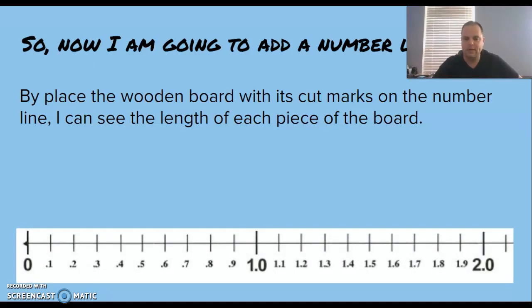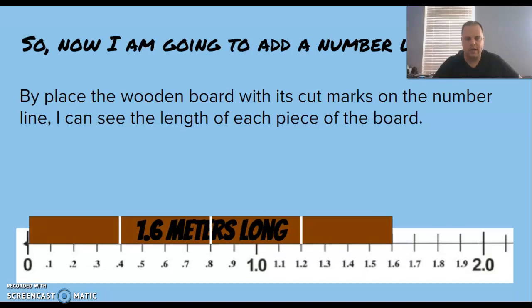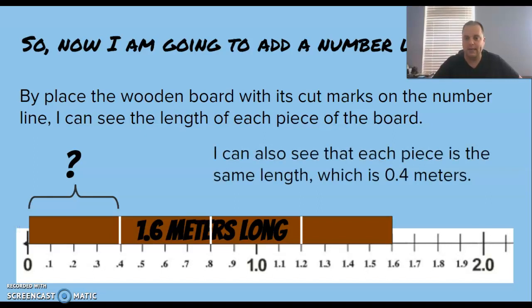Notice that it's been chunked into each piece being 1/10. There is my board on the number line. Again, the question is, how long is that one piece? Well, I can see that each piece is the same length and that one piece is 4/10 of a meter long.